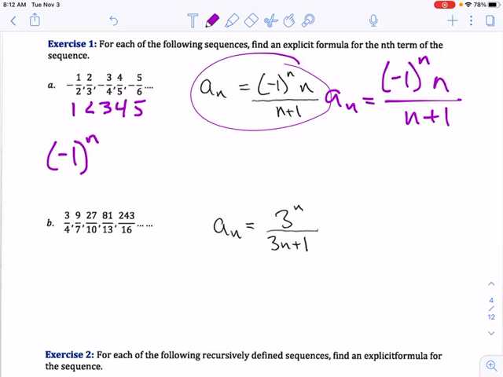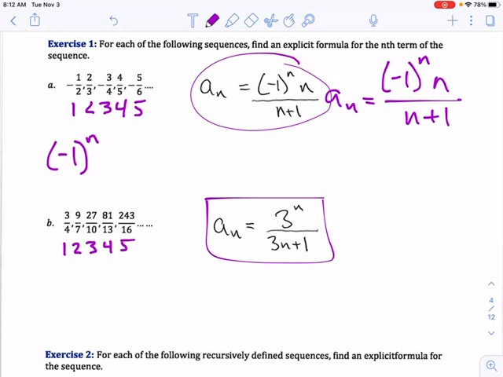Okay, don't look at this right away. So let's take a look at the numerators. First of all, this is n equals 1, 2, 3, 4, and 5. And so clearly the numerators are not equal to n, but what is the relationship to them? Well, there's a couple of different ways that you could look at this.